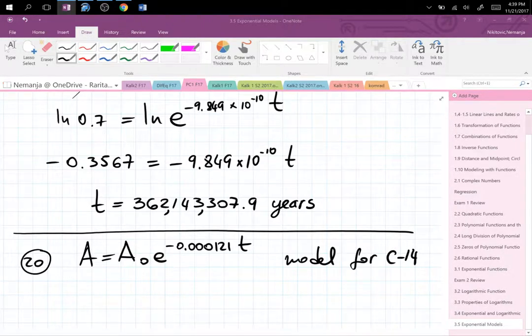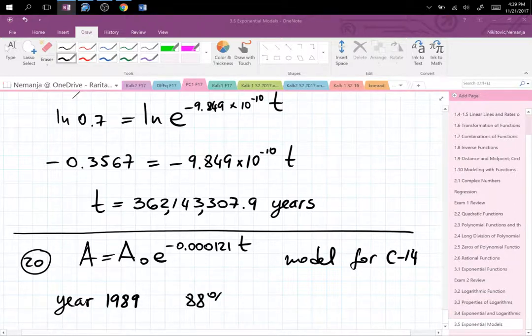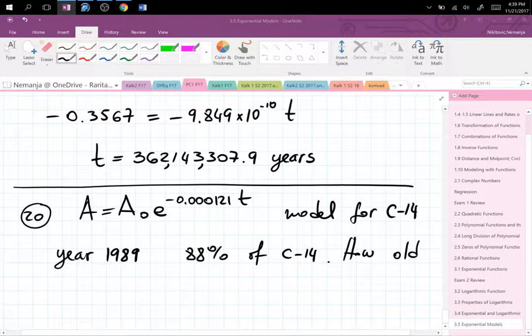Skeletons were found at a construction site in San Francisco in 1989, and the skeletons contained 88% of carbon C14. How old are the remains?